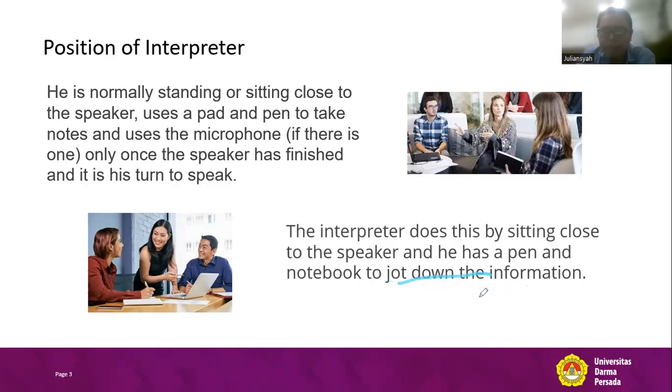To jot down the information means to get the important information, the most important information, that the interpreter thinks she or he is going to deliver. That is the function number one. And number two is to avoid losing the memory. To avoid losing the memory.